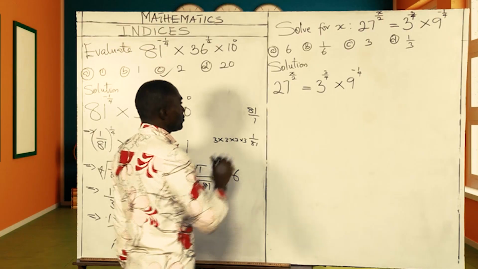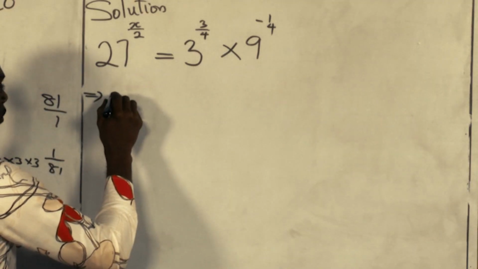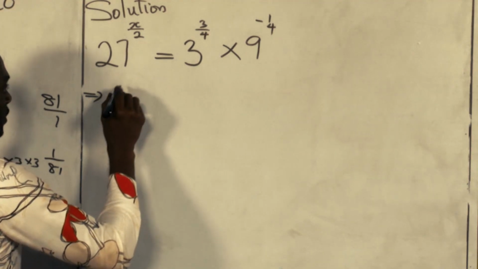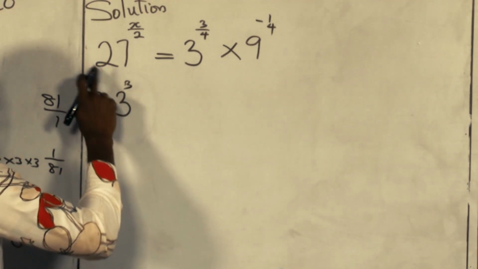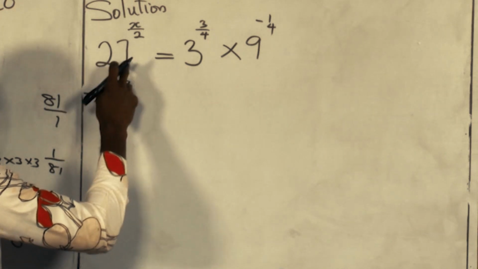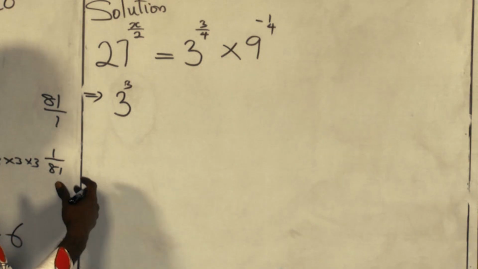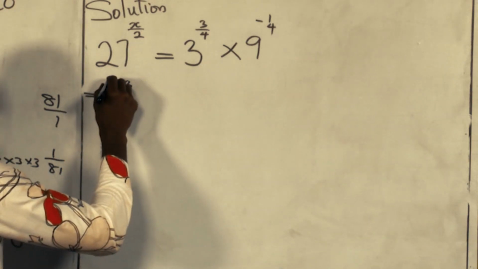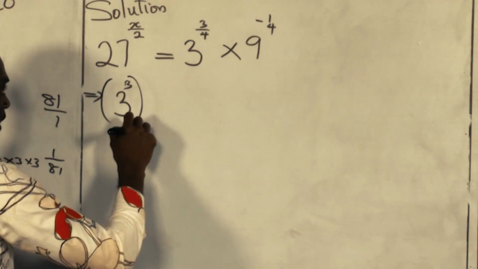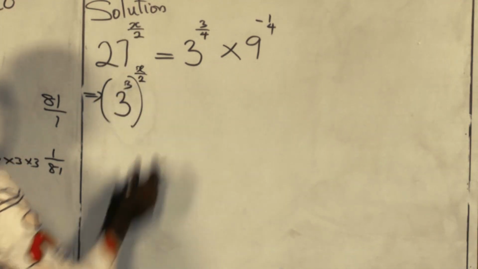Now let's move. This 27 will give us 3 raised power 3, 3 cube. 3 cube is 27. 3 times 3 times 3 will give us 27. 3 times 3, 9 times 3, 27. Now in bracket we have x over 2.